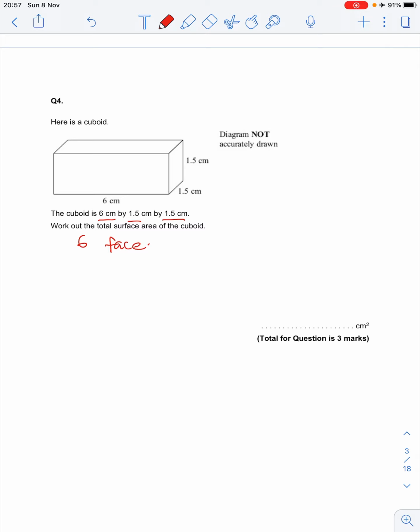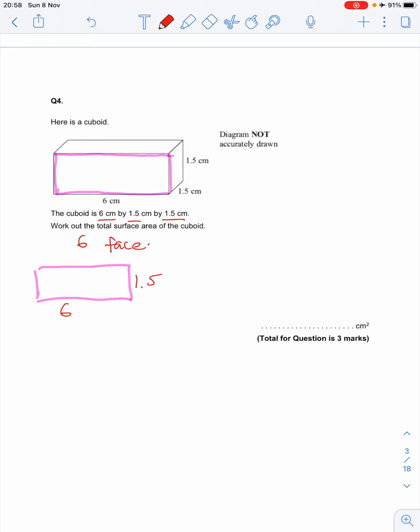So the first face is this part here. So this is 6 by 1.5.